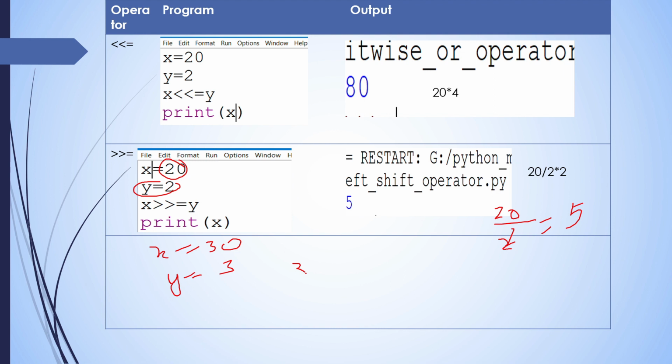So 30, here we have taken 30, divided by 2 to the power 3. So 30 by 8, 3. Okay, so the answer is 3 because it gives the answer in integer form, not in float.